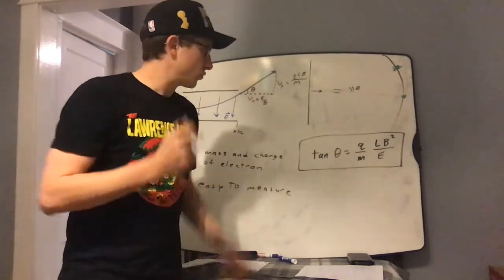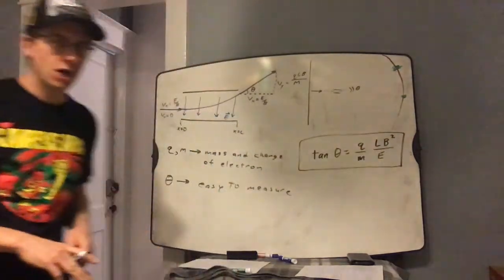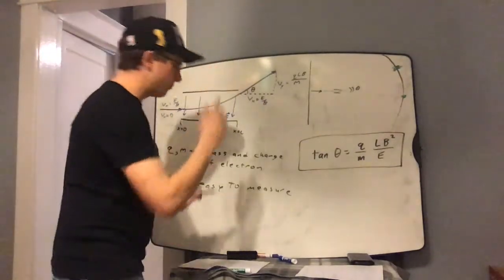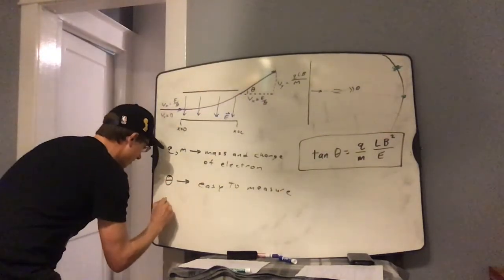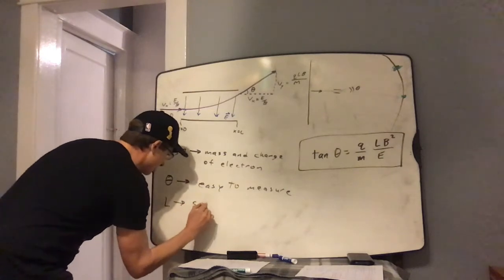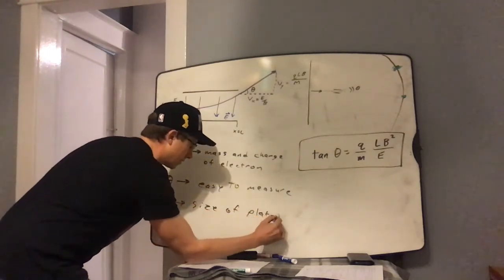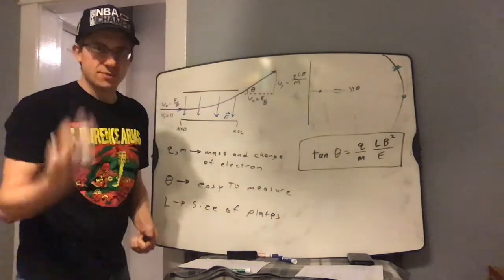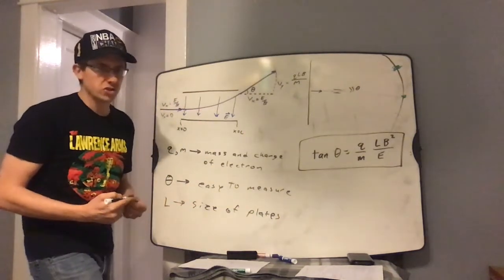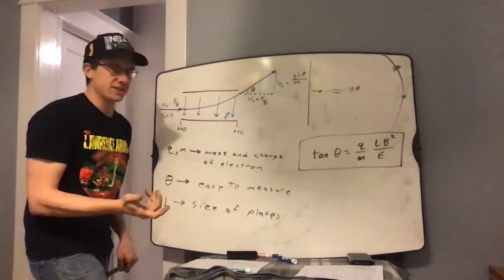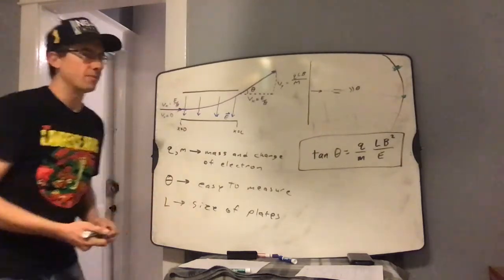What are the other quantities? We have an L, a B, and an E. Well, L is just how big I made the plates. So L is the size of the plates, and that is something completely within my control. So I know how big the plates are because I built this experimental setup.